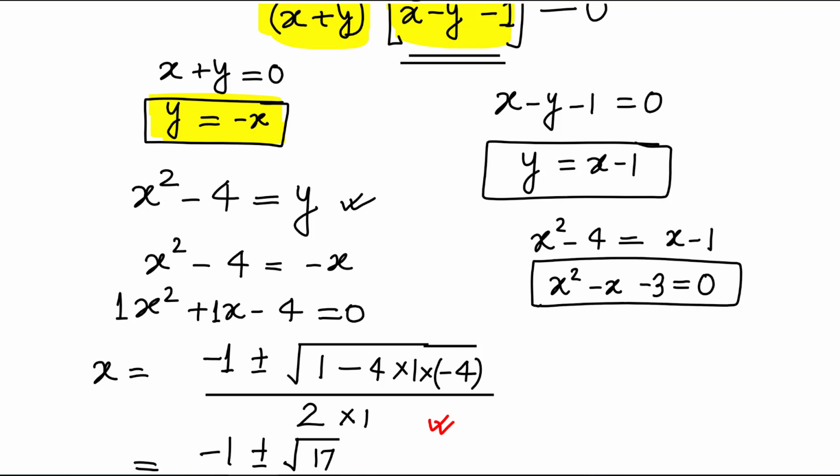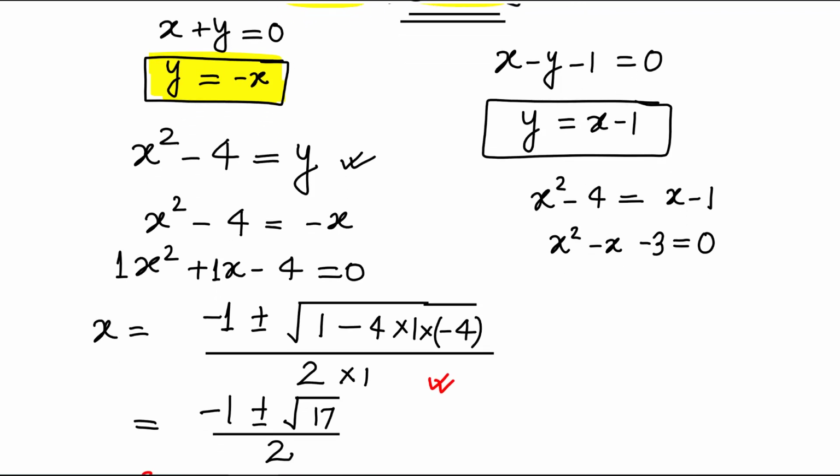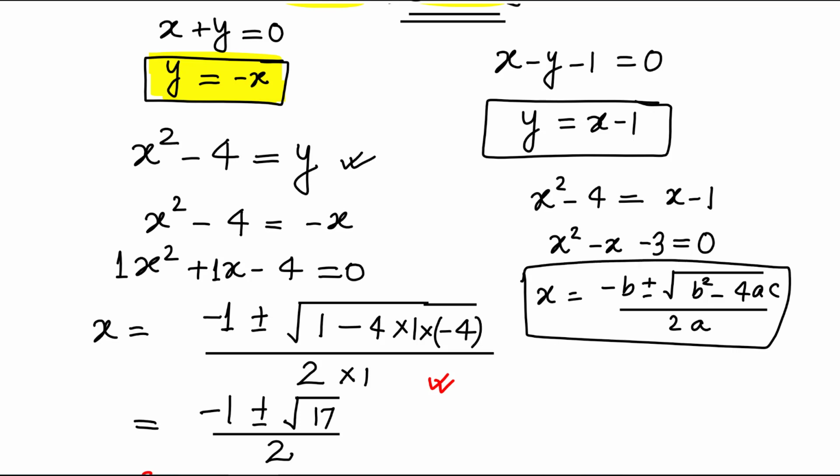Once again, this is a quadratic, and I can solve it using the formula that I have. So x is equal to minus b plus minus root of b square minus 4ac, divided by 2a. So I will use this formula to calculate the value of x. In this case b is minus 1, a is 1 and c is minus 3.